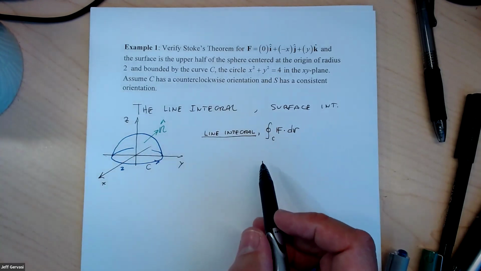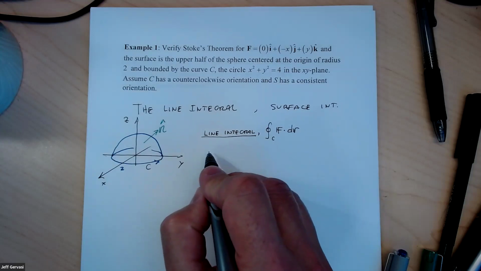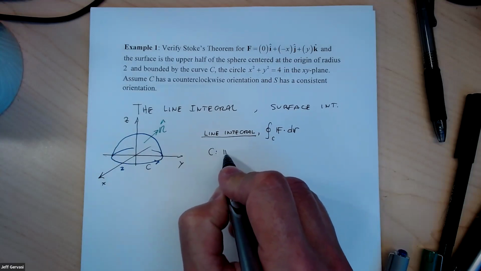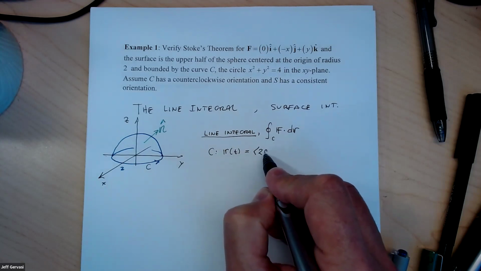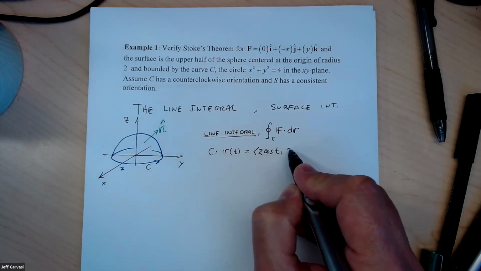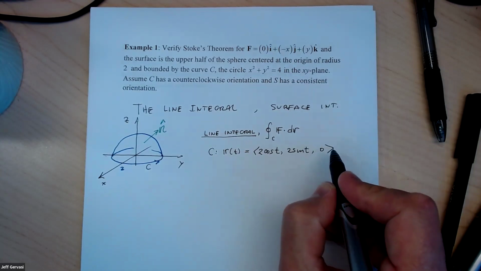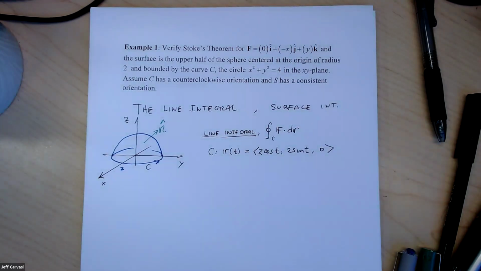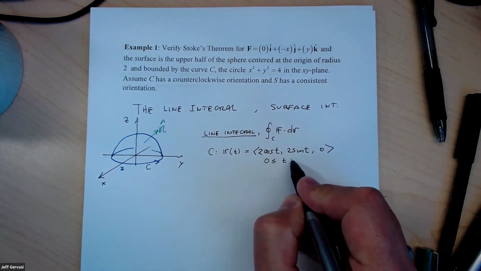Now, for that, I'm going to need the parametric representation of the curve. So for C, let r of t be 2 cosine t, 2 sine t, and 0, because it's in the xy plane. Of course, the z coordinate would be 0. And this will be good for t from 0 to 2 pi.